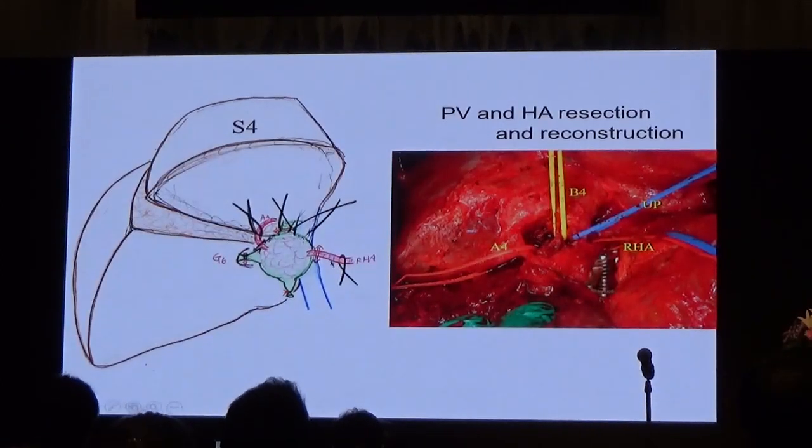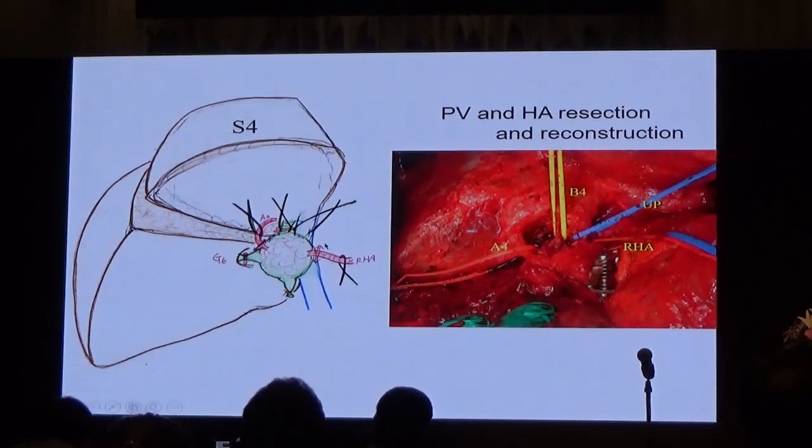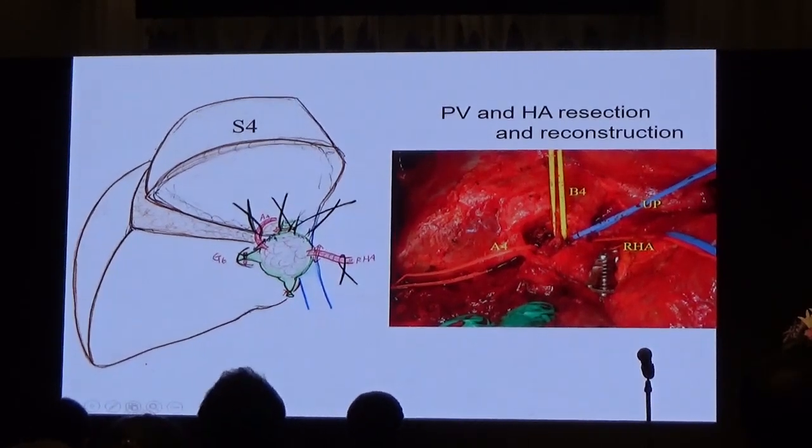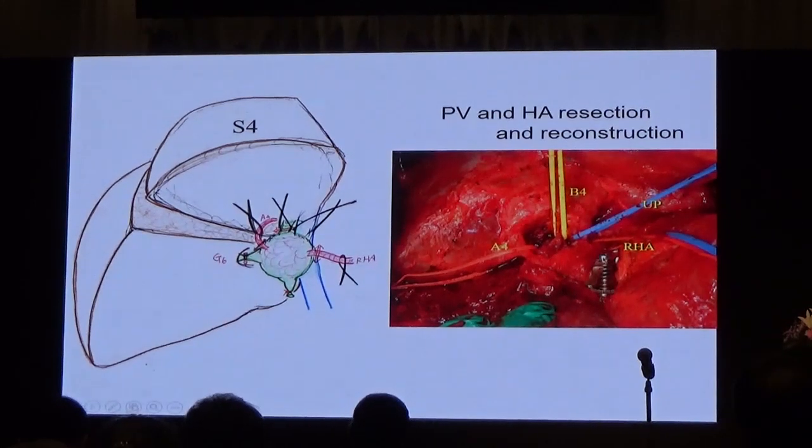And here I decided to divide the right hepatic artery and divide the medial branch here. Here, A4, and the bile duct here, B4, and the right hepatic artery here.